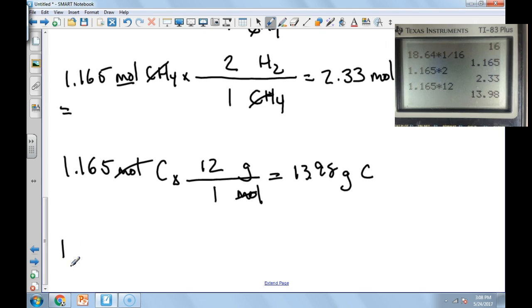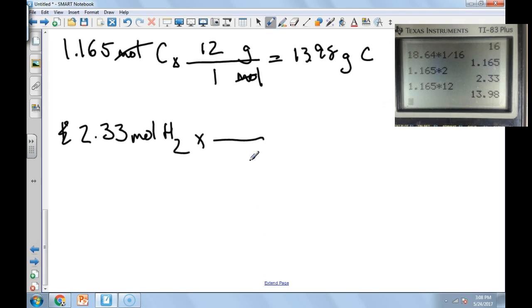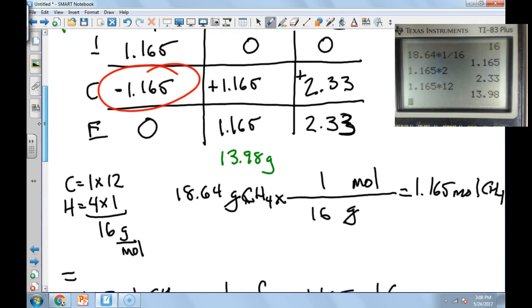We do 2.33 moles of H2. X-line it. We go moles to grams. Okay, for every 1 mole of H2, there's 2 H's, and each has a mass of 1, so that makes the molar mass 2 grams per mole. Now, don't get confused because there's a 2 here.